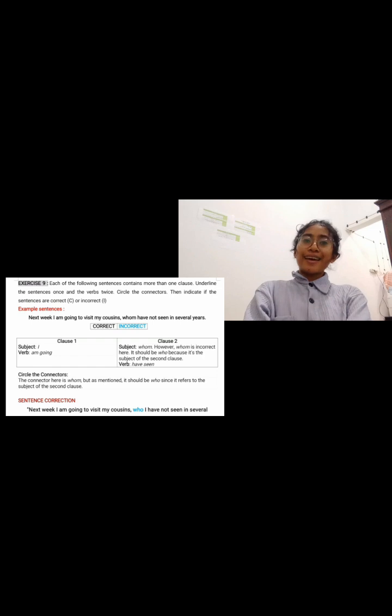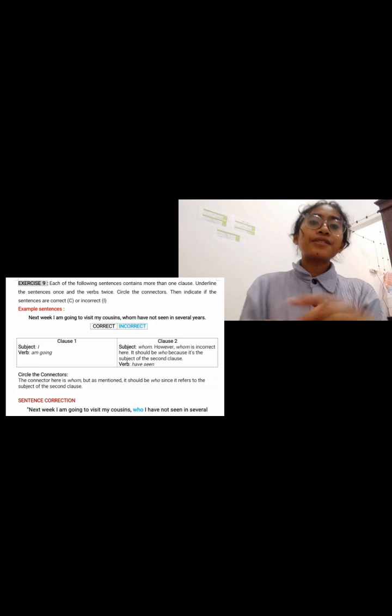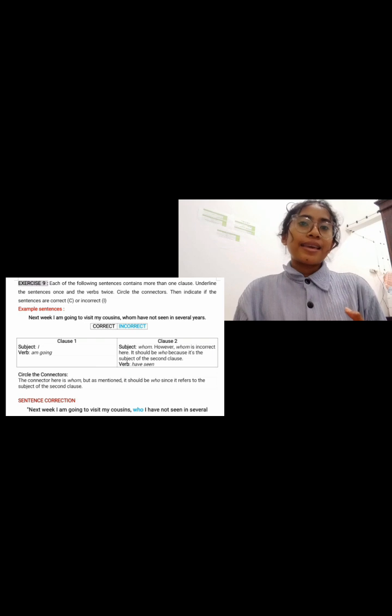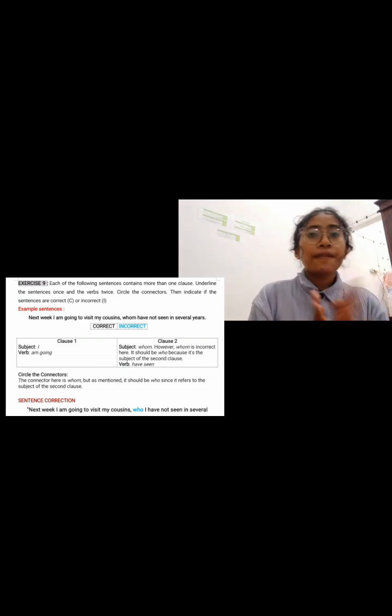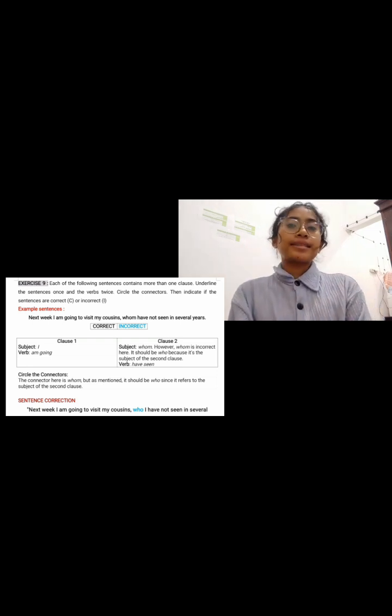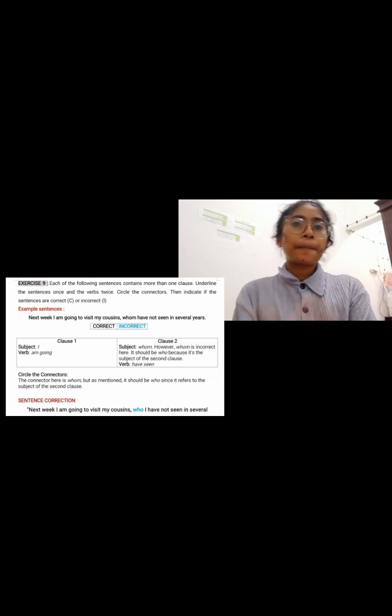Okay, guys, let's identify the subjects and verbs in each clause. The first clause is "next week I am going to visit my cousin." In the first clause, the subject is I and the verb is am going. The second clause is "whom have not seen."